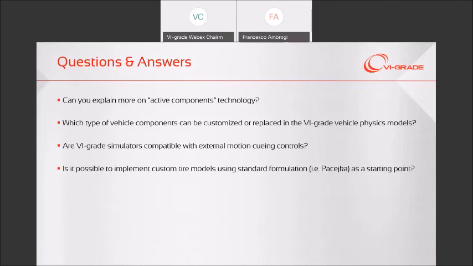But at the same time, the physical interface with the driving simulator makes it possible to override the usage of the internal motion cueing and to replace it with the motion cueing algorithm that has been developed by the customer.